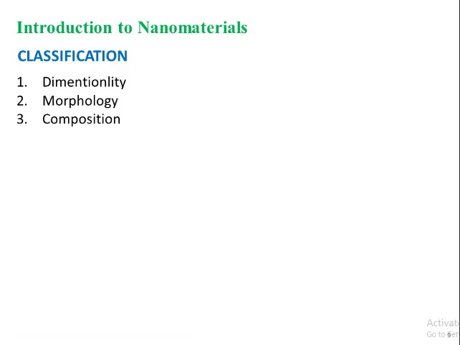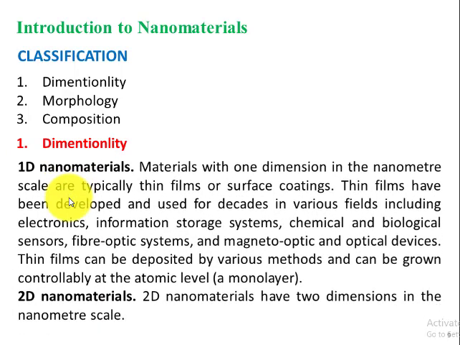Nanoparticles can be classified into different classes depending upon their dimensionality, morphology, and composition. First of all, we will talk about dimensionality. Nanoparticles can be divided into three categories: one-dimensional, two-dimensional, and three-dimensional nanomaterials. 1D materials are those nanomaterials which are in nanoscale with one dimension, typically thin films or surface coatings.